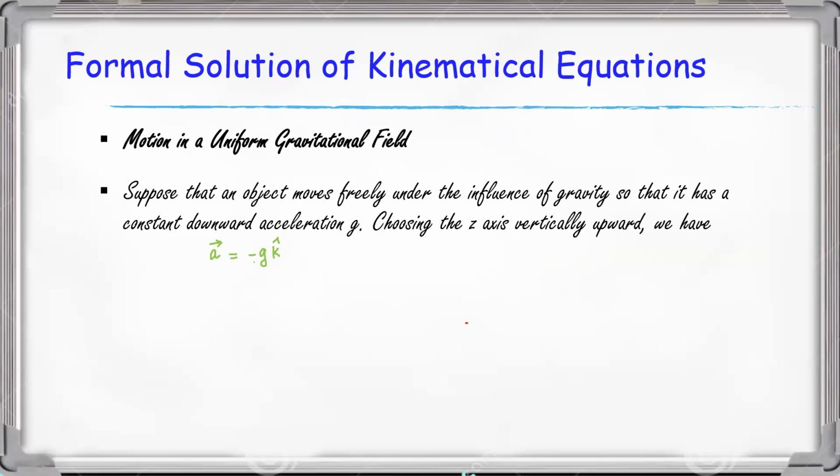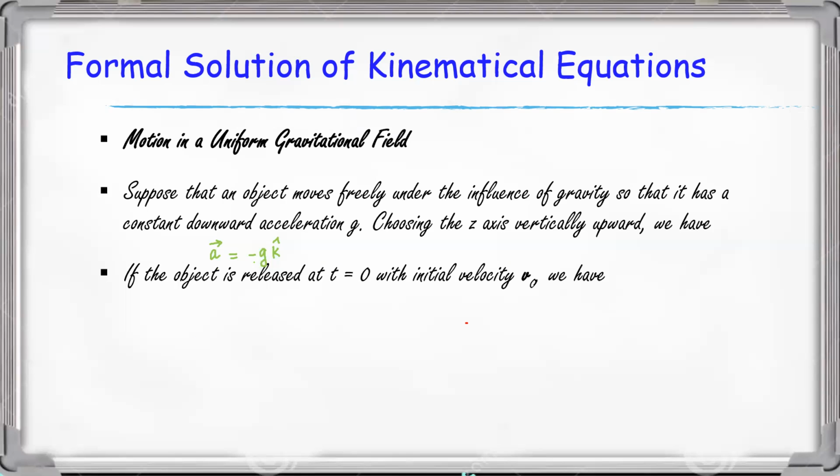If the object is released at t is equal to 0 with the initial velocity v0.